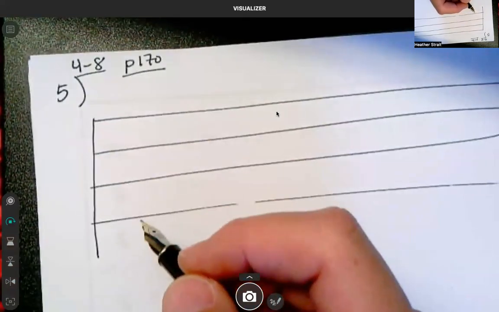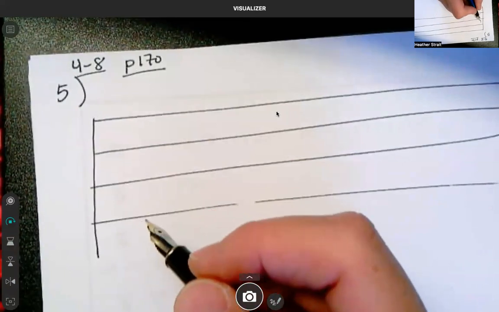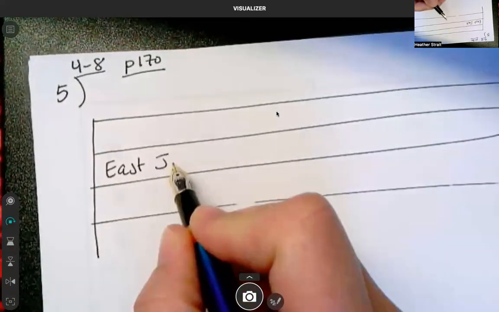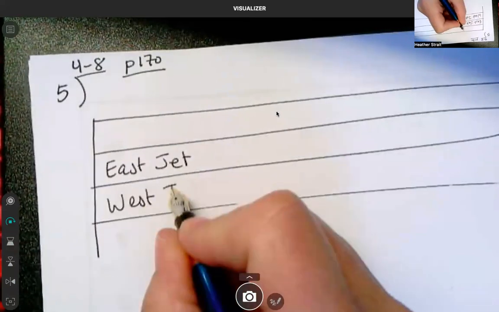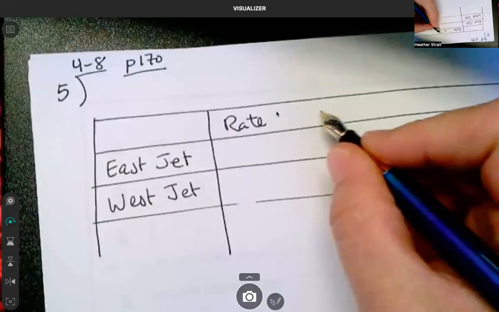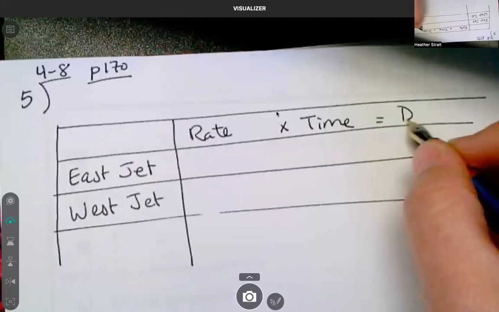Okay, so they're both leaving Denver, but one is flying east. So I'm gonna say eastbound jet and westbound jet. Okay, great. Rate times time equals distance.